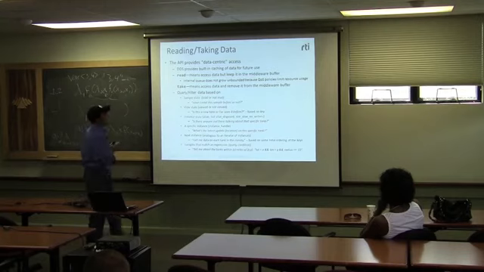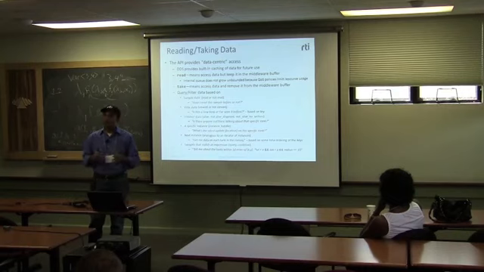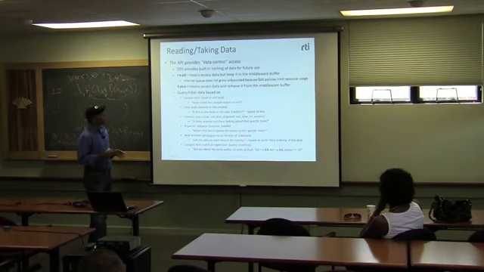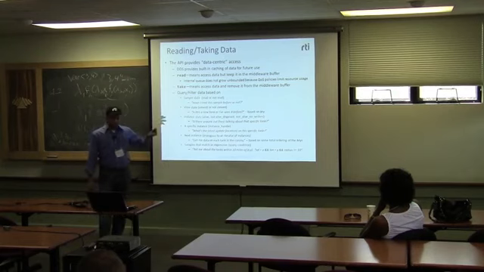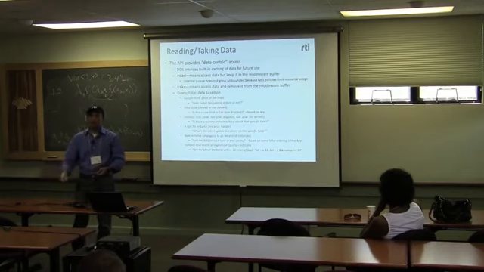All right. So now we're talking about how this philosophy of data-centric architecture influences the read and take API. First of all, there are two different things in DDS: read and take. Read means, I want to access this data, but don't delete this from your buffers. I may need it again.